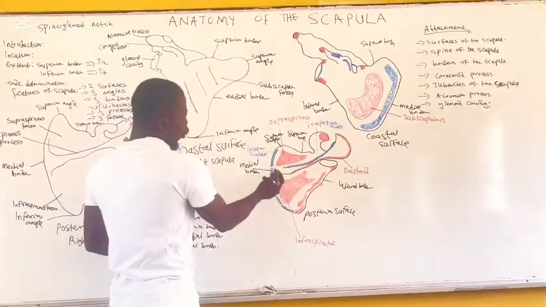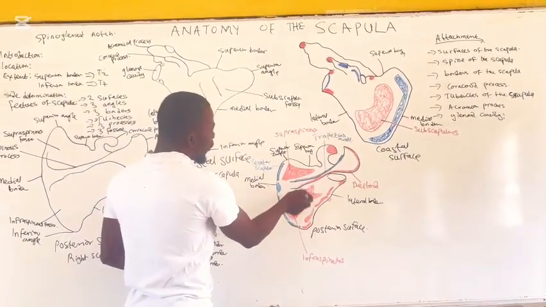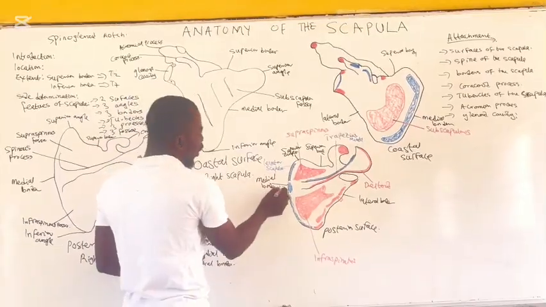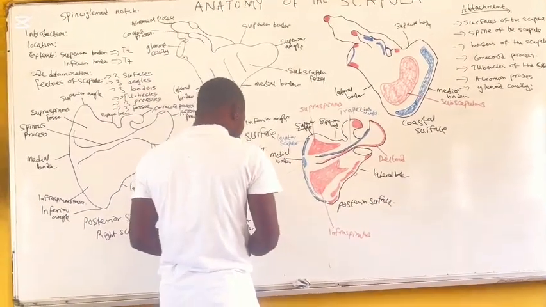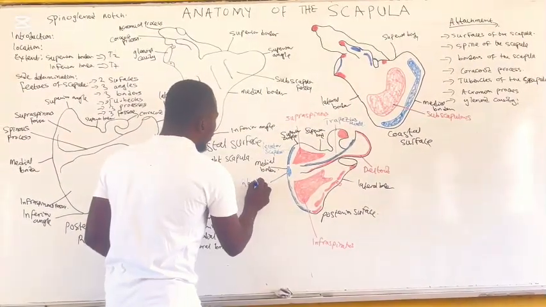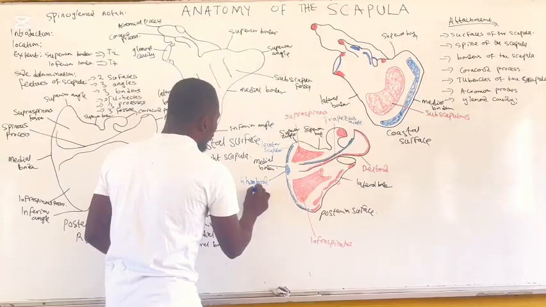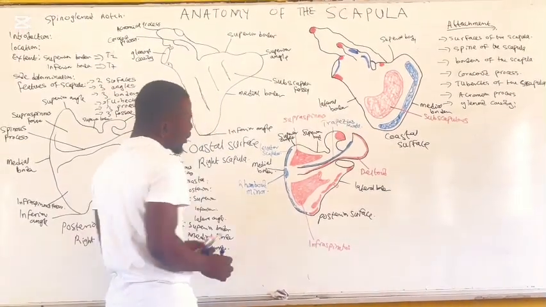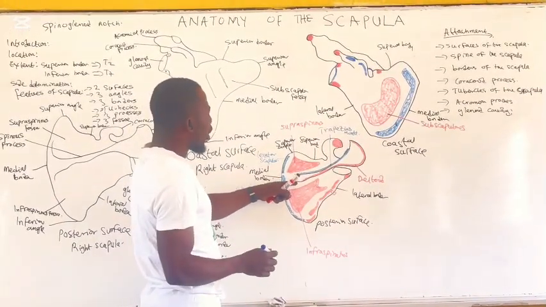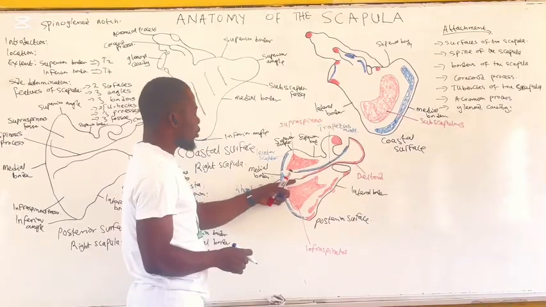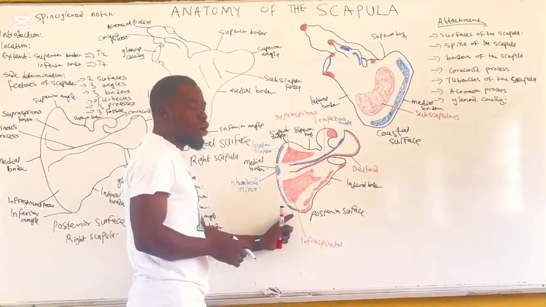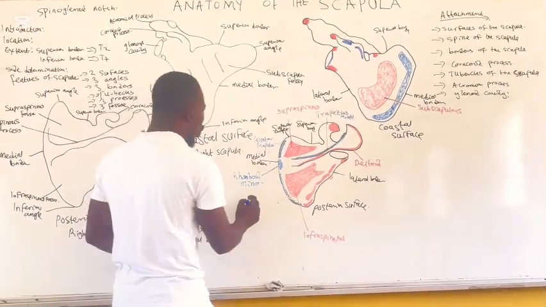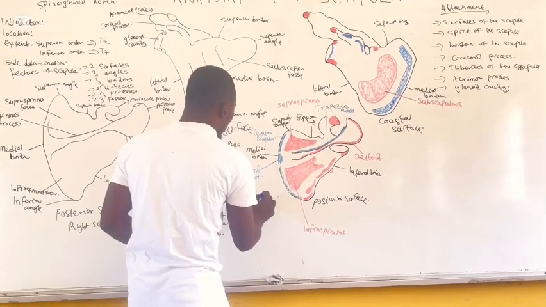Then, opposite the spine of the scapula, it gives insertion to rhomboid minor. And from the lower border of the spine of the scapula up to the inferior angle, it gives insertion to rhomboid major.